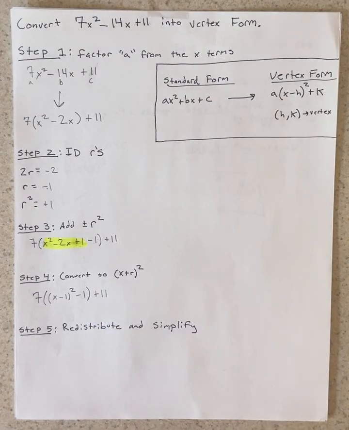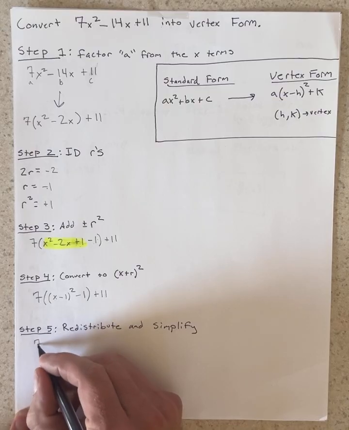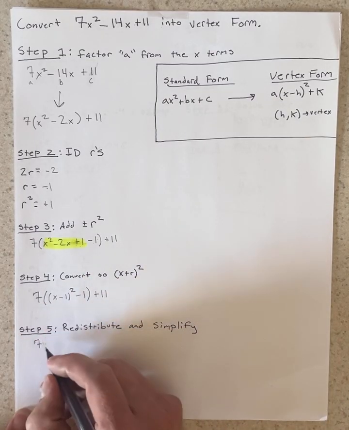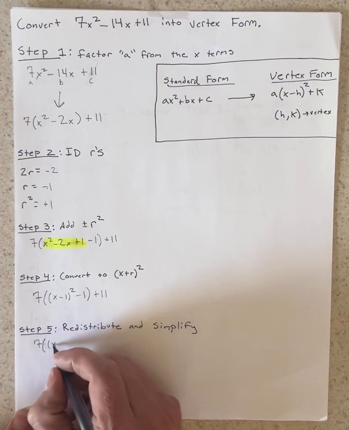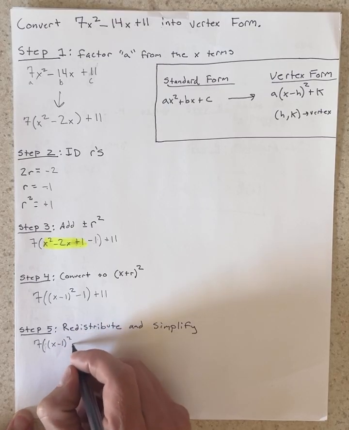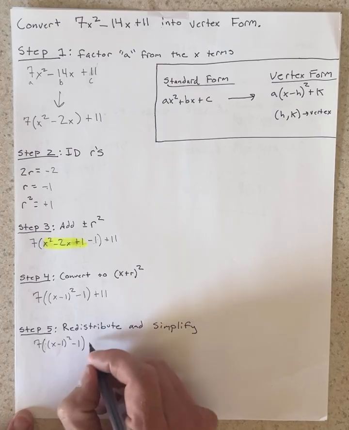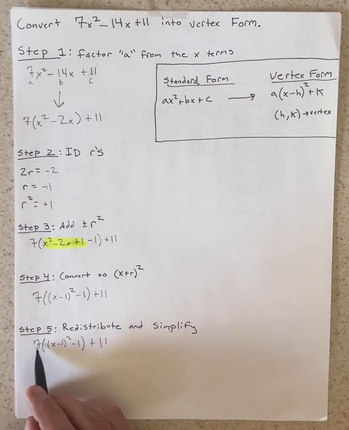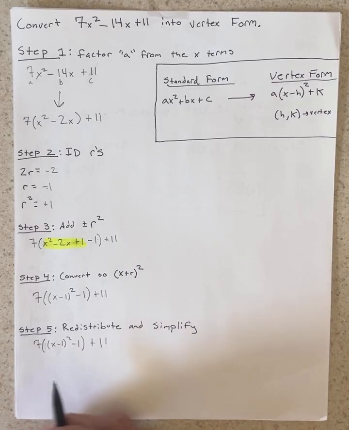Once we've converted into x plus r squared form, it's now time to redistribute and simplify. So if I have 7 parentheses x minus 1 squared minus 1, parentheses, plus 11, what I need to do is distribute this a term back into the expression and simplify.